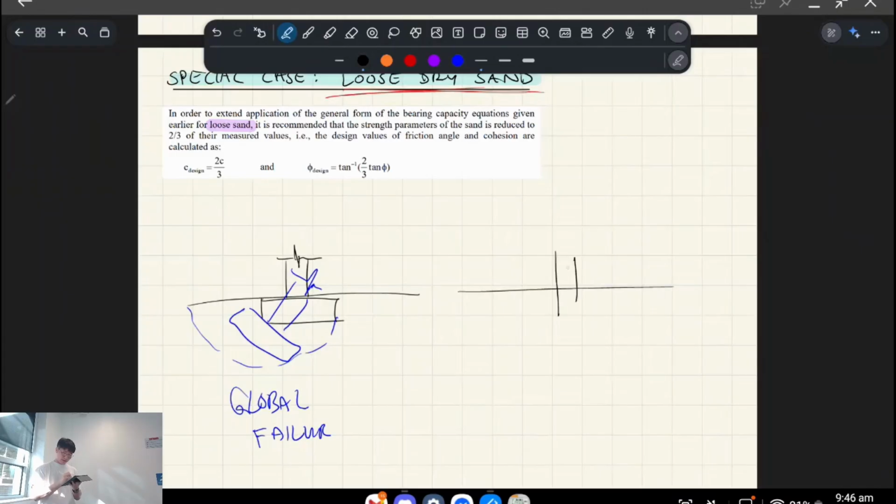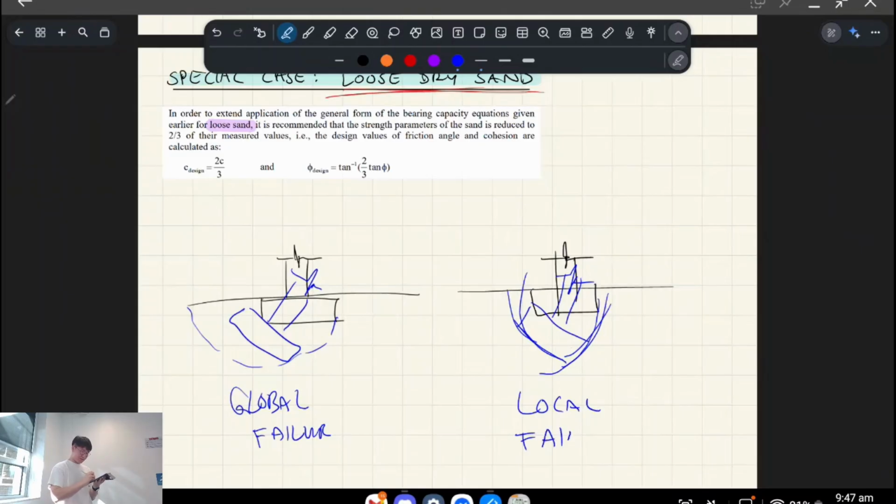Now, another thing that can happen in the case of loose dry sand is local failure. To be honest, I don't actually know how this works entirely, but it fails in a different way. Instead of a global failure, you get a localized failure. Anyway, you can Google it if you want. But this is local failure, and this applies for dry loose sand.